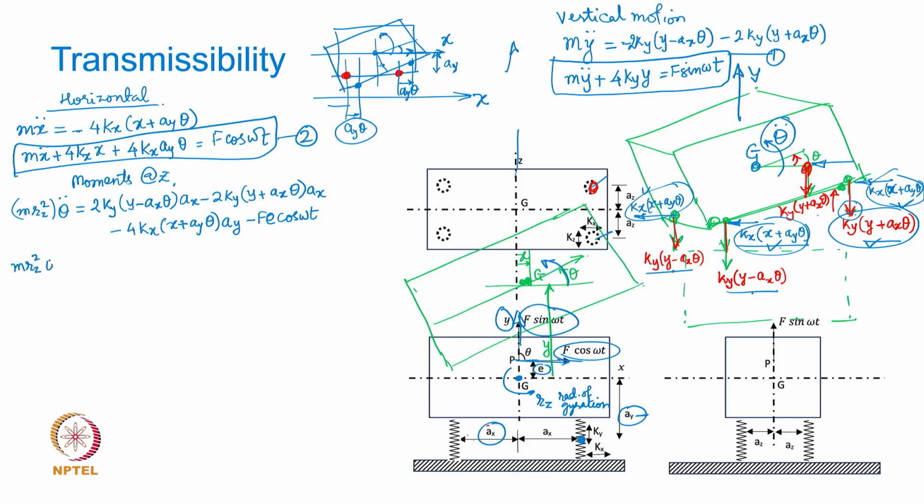Now I would write this equation completely. If I pull these terms on the left hand side, I will get basically ax square.